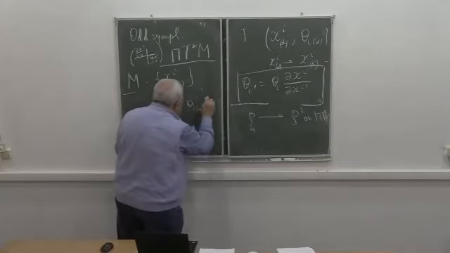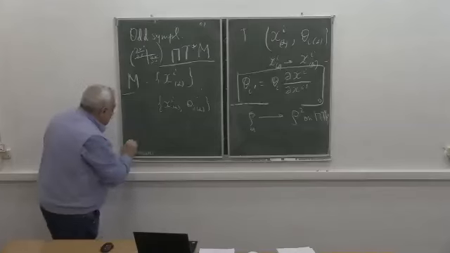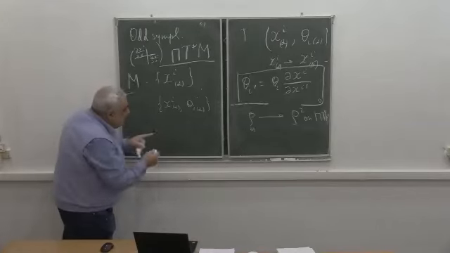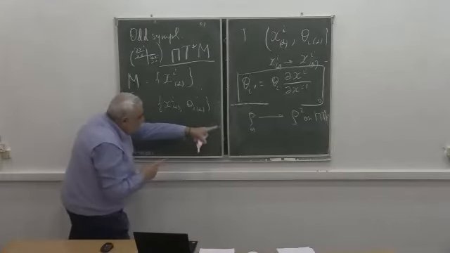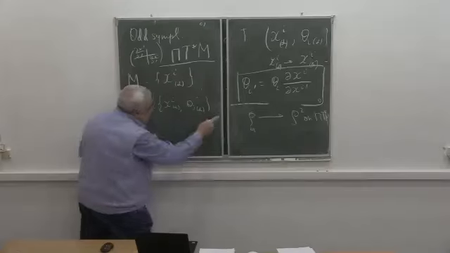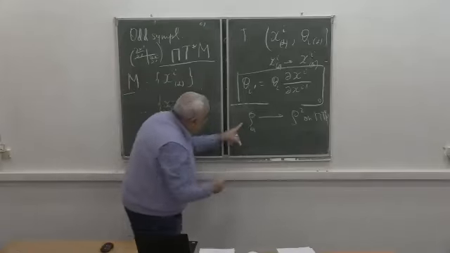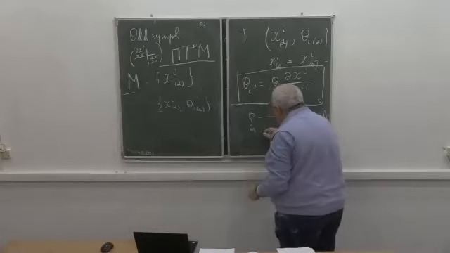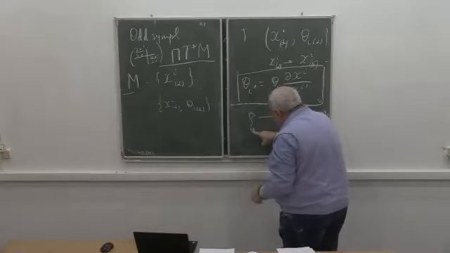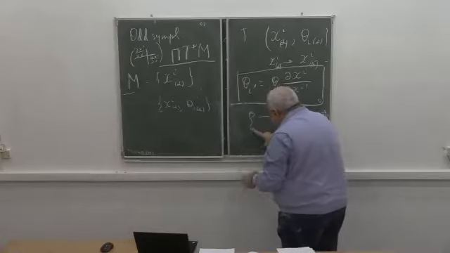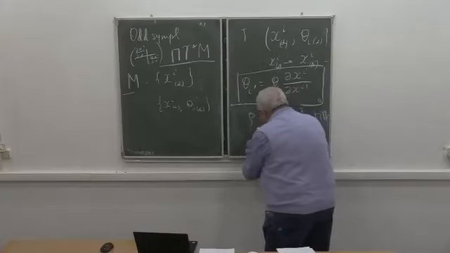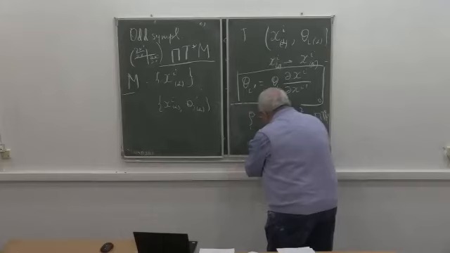Let me write the property of this atlas. I would like to say that rho is a volume form on M, and you can always find an atlas such that rho becomes equal to the coordinate volume form, dx.